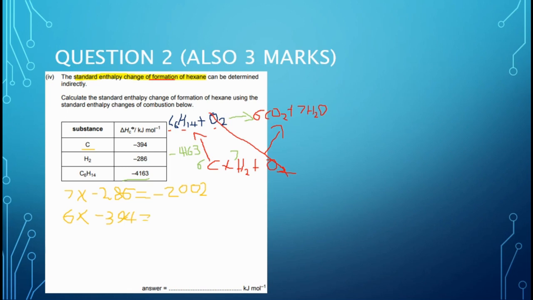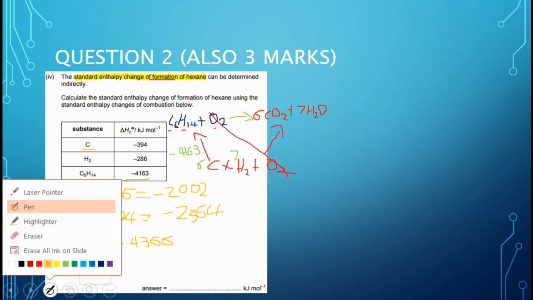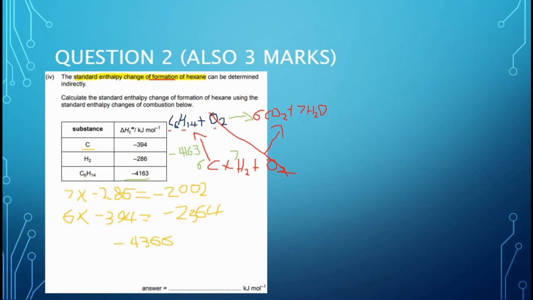If you do it on your calculator, it'll be minus 2,364. Now once you total these up, you should get a value of minus 4,366.